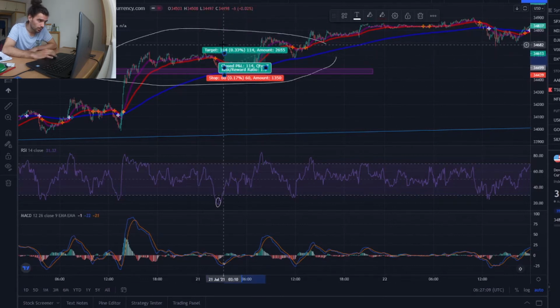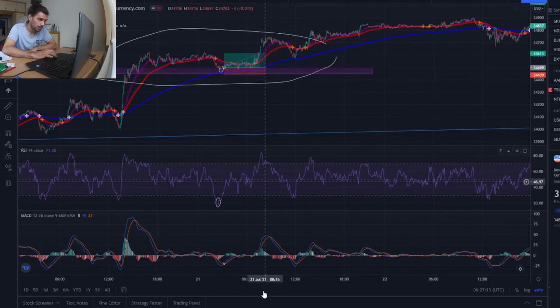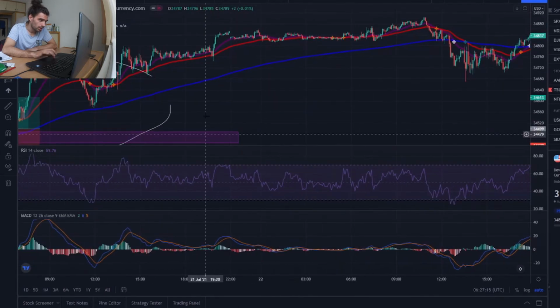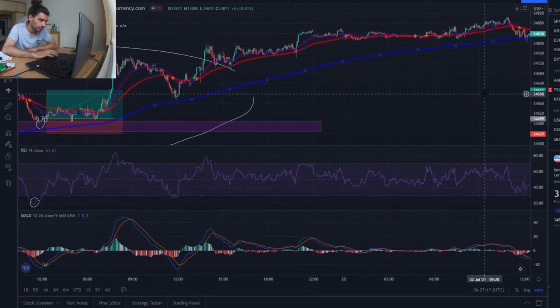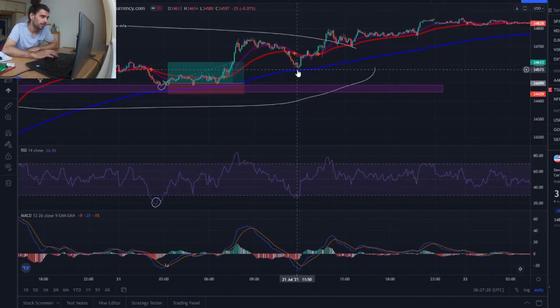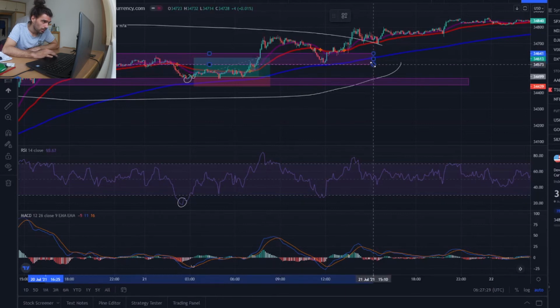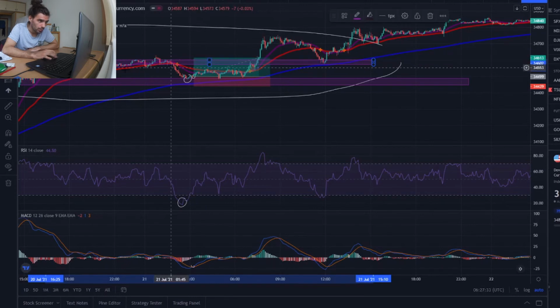So this is why you want to take a simple 1 to 2 risk reward ratio, because at the same time we saw here a retest at the 200 EMA again, and again it was a support and resistance line here that we retested.